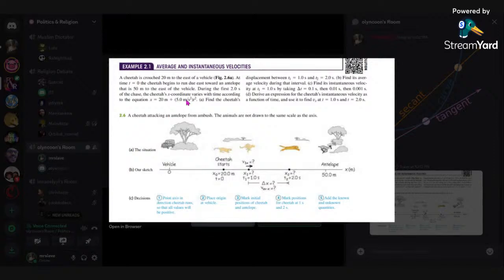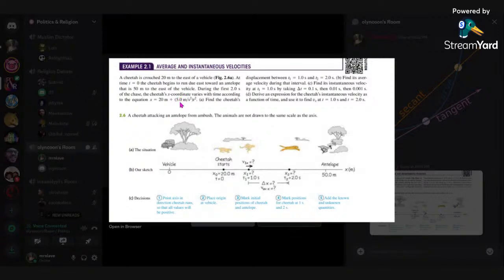I think it's 1/2 acceleration times time squared, because the equation of x based on acceleration should be x equals x naught plus 1/2 a t squared, the acceleration times the time squared.